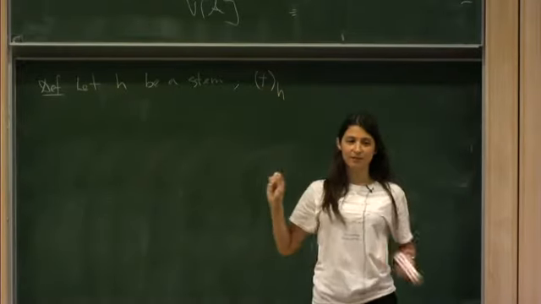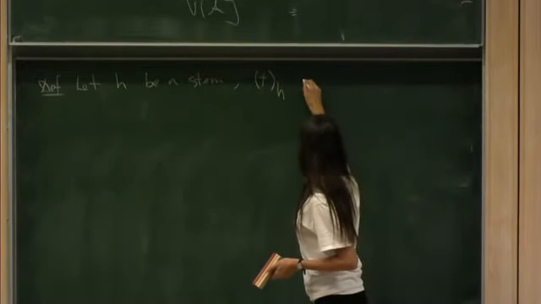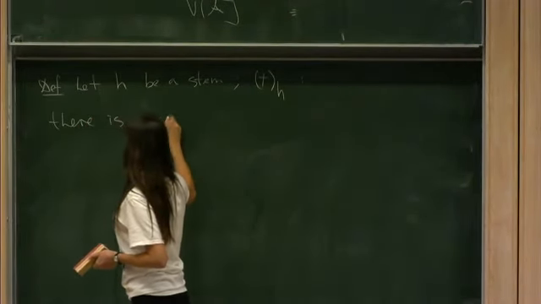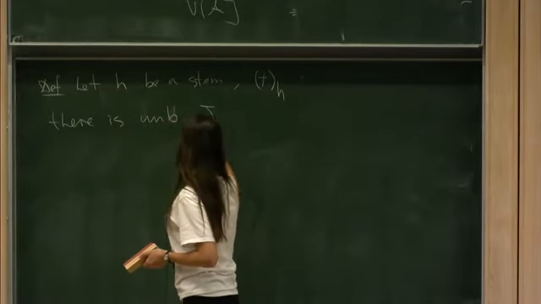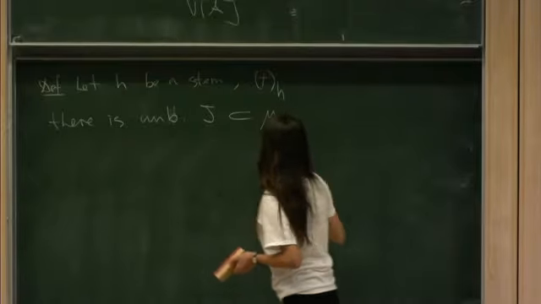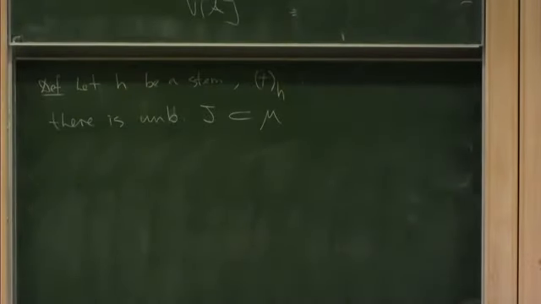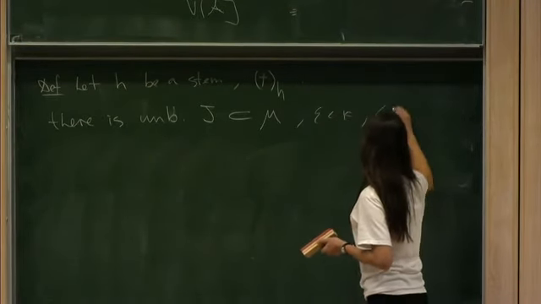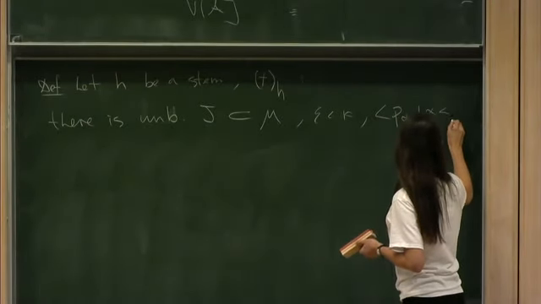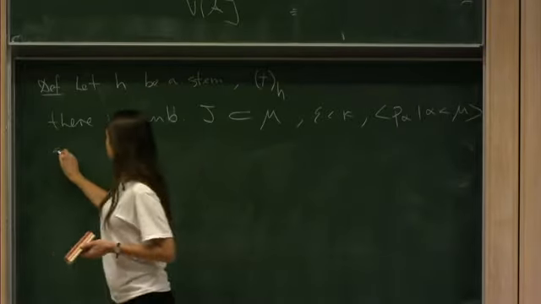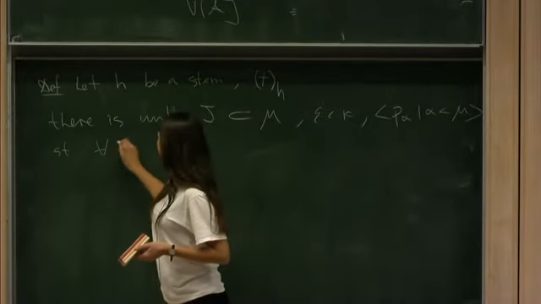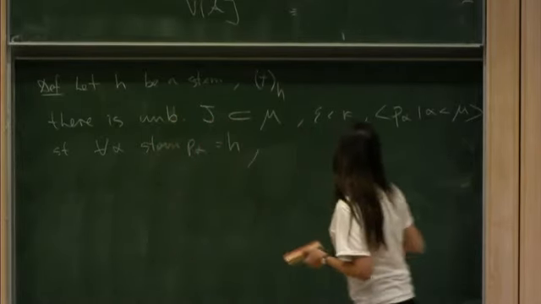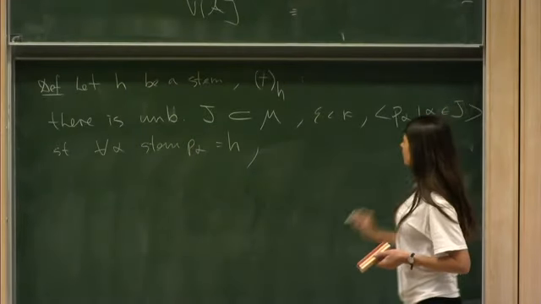I'll call these daggers of H holds if we have an unbounded subset J of mu, where mu, recall, is the height of the tree, some psi less than kappa, and some sequence of conditions p alpha, alpha less than mu, such that the stem of each p alpha equals H, and alpha is taken from J, sorry.